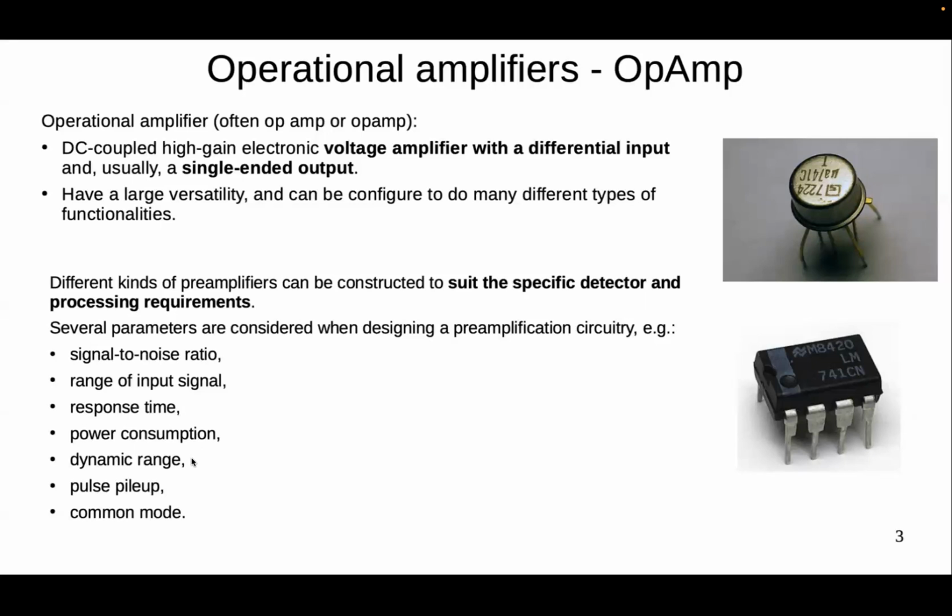The range of the input signal and the dynamic range could actually be the same, because the range is basically the lowest you can deal with up to the highest. So you should know in which range your detector is working: what is the lowest signal you will get from the detector and what is the highest?